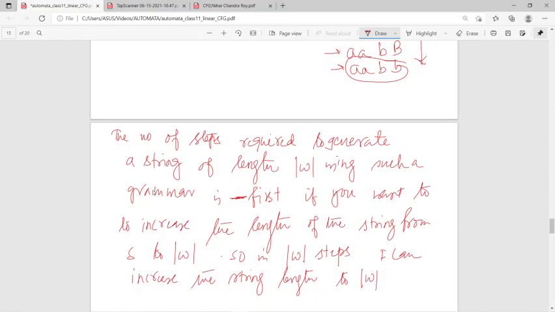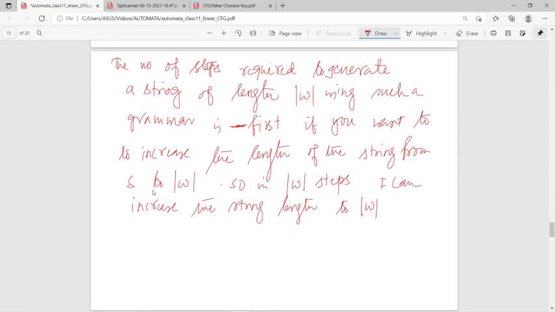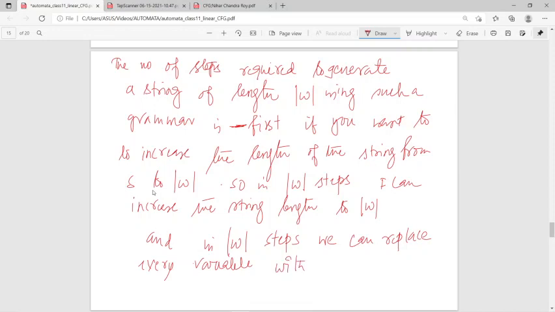We are increasing the string length to w by replacing, and in w steps you are replacing with terminals. So in w steps we can replace every variable with a terminal.